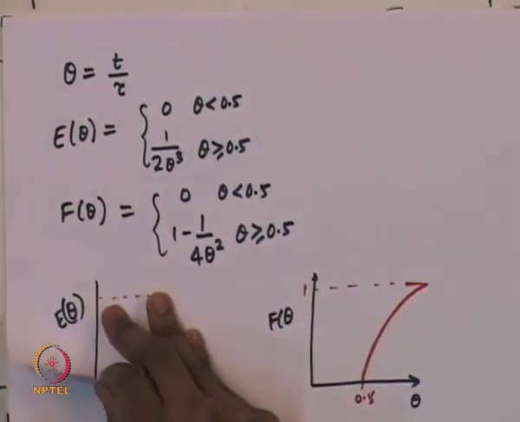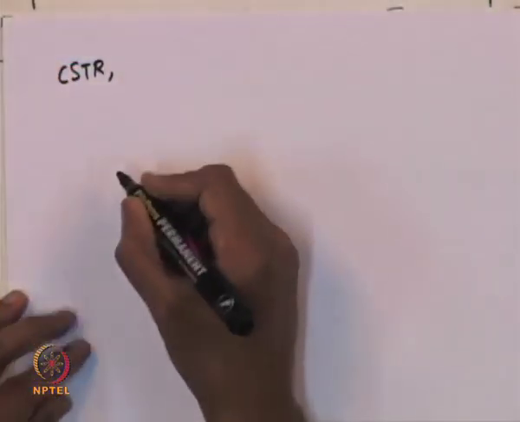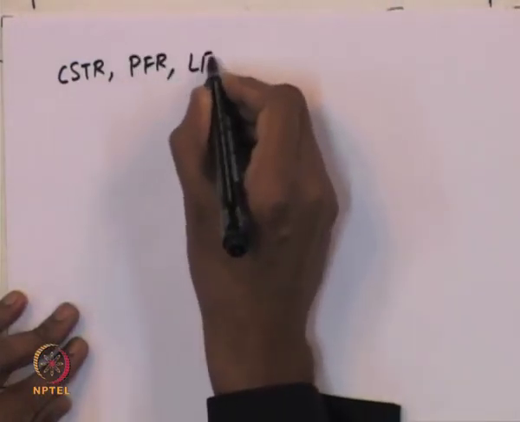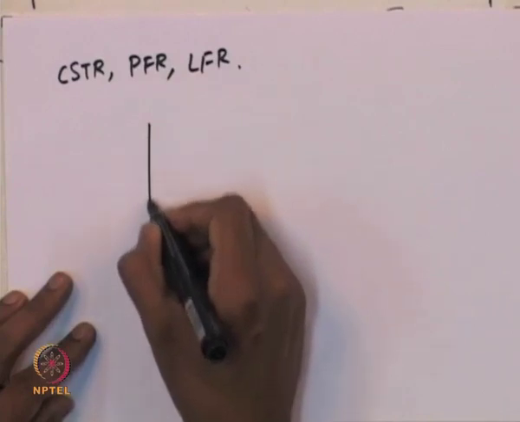So, now we have looked at the residence time distribution functions of 3 different reactors. Let us now attempt to put them all together and compare how the residence time distribution functions are different for these 3 reactors. So, now let us compare the F curve for CSTR, plug flow reactor and the laminar flow reactor.